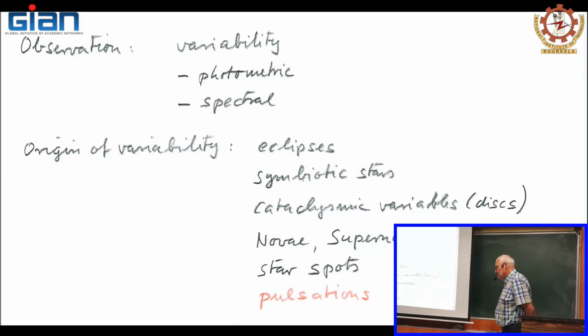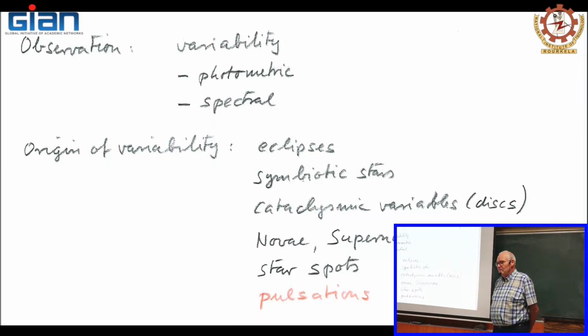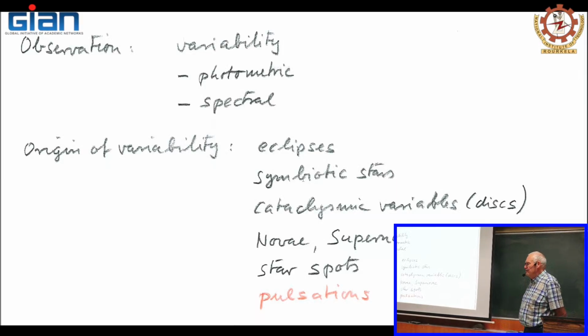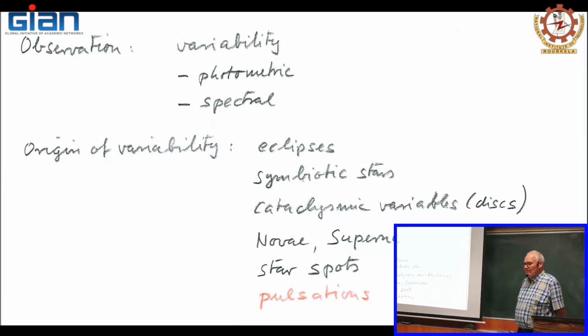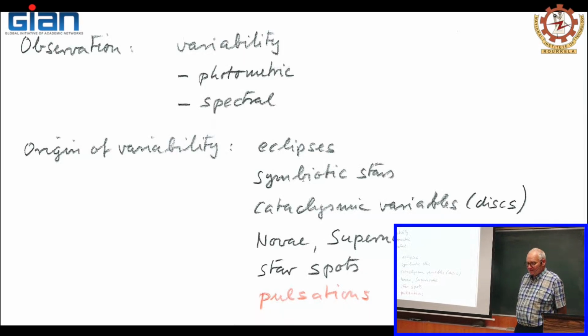Finally, there are stars which have spots, like our Sun, and if these spots, which are darker than the stellar surface, rotate around the star, we will get a variability. This case of variability due to star spots is also not what we mean by pulsation.